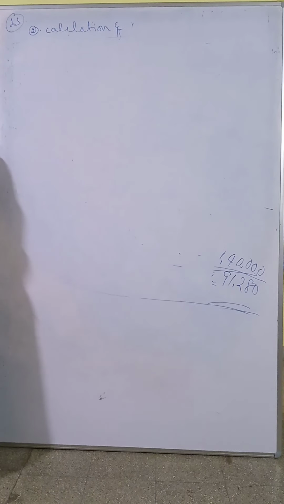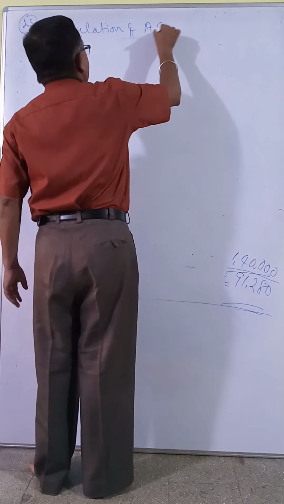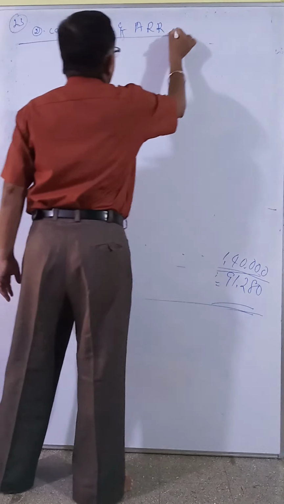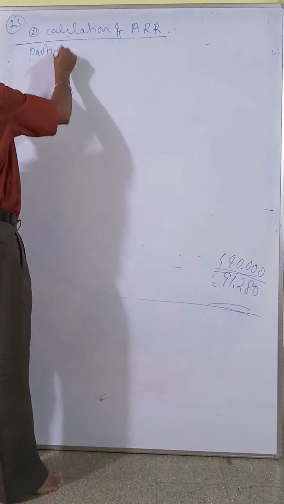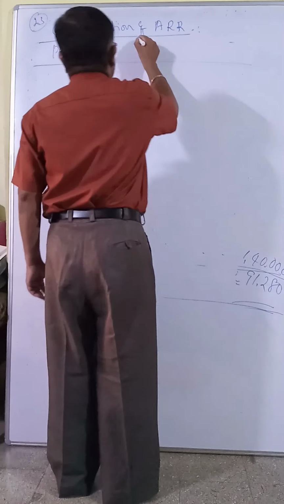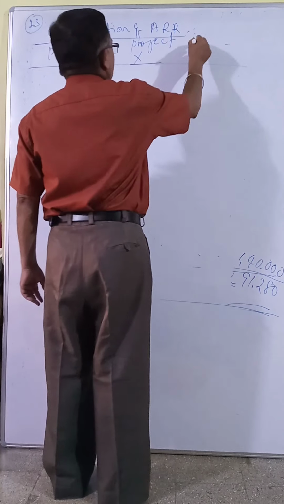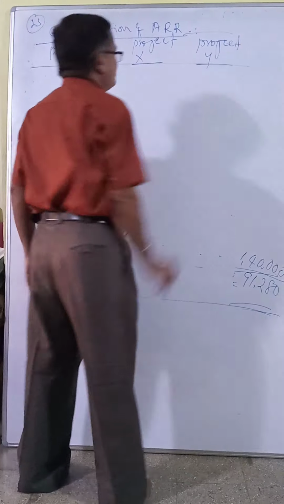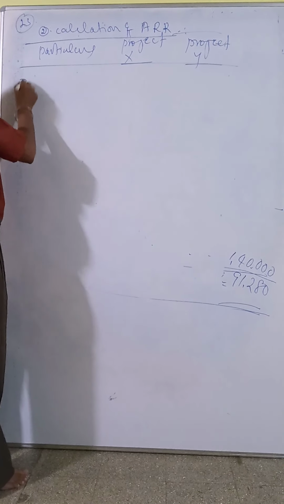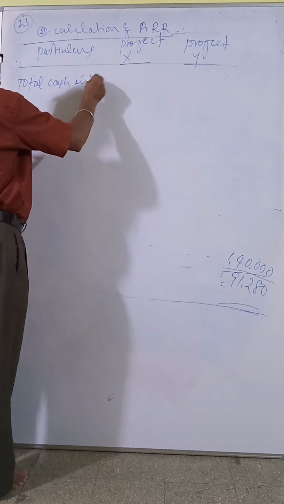Okay. Next is calculation of accounting rate of return method, or average rate of return method. Here I have to take particulars: project X, project Y. Still we have to take total cash inflow.